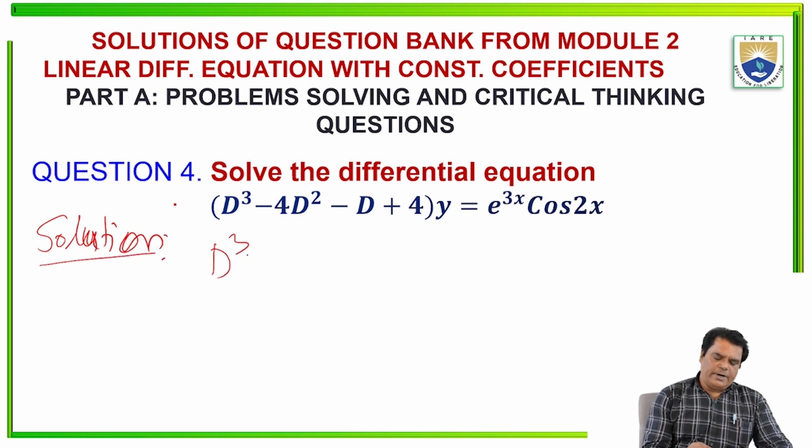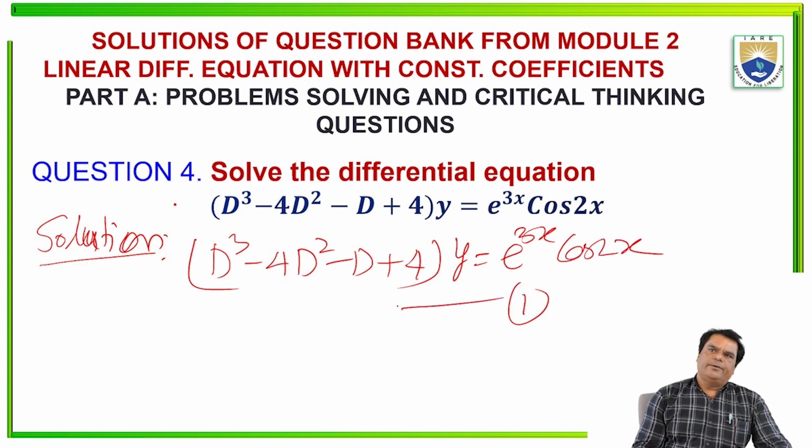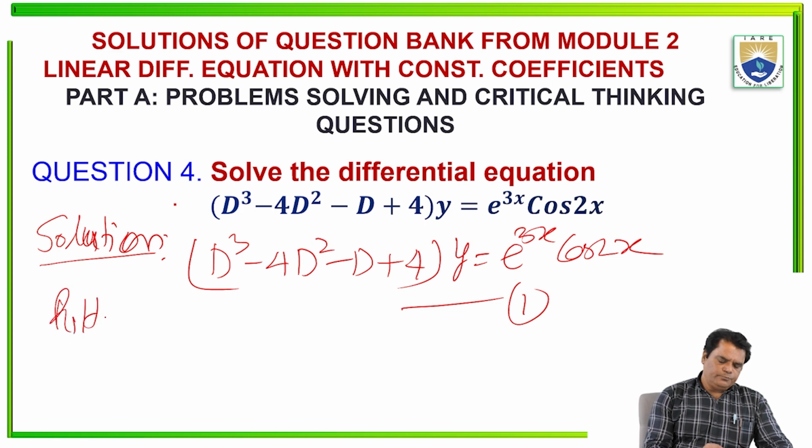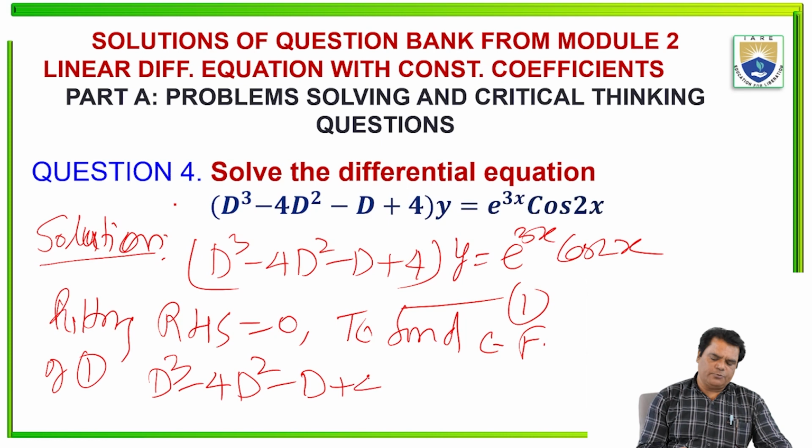Solution: D cube minus 4D square minus D plus 4 into y is equal to e to the power 3x cos 2x. This is equation 1. Putting RHS equal to 0 to find the CF of 1, then D cube minus 4D square minus D plus 4 into y is equal to 0.